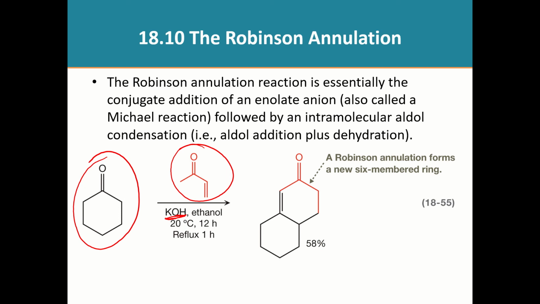But isn't that a pretty cool structure that we can make? A 6-membered ring. So not only are we forming a carbon-carbon bond, but look how many carbon-carbon bonds we're forming. We're forming 1, 2. It's pretty cool. Okay. And not only are we forming carbon-carbon bonds, but we're forming rings.